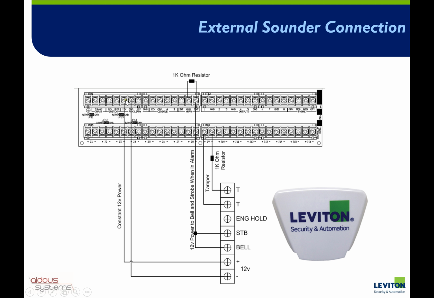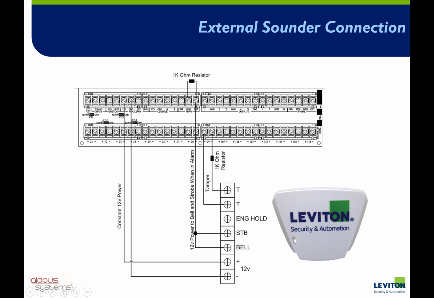You wire the permanent 12 volt, which is battery backed up from the Omni battery. You wire that 12 volt onto the 12 volt power, and that will charge its internal battery. Then the external sounder output, you can wire that onto the strobe and the bell terminals, so both the strobe and the bell will go off when 12 volt is applied here, when it's an alarm.